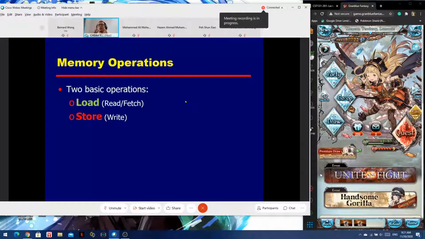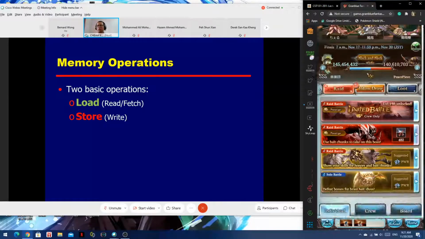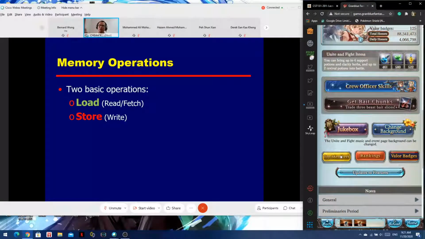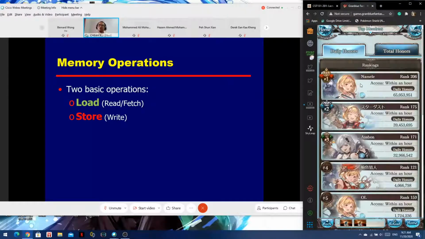So there are basically two very basic operations. Of course there are many others, like addition, subtraction, multiplication, skip, shift, and all these other operations. But the most basic ones that involve the memory are loading and storing. Loading is basically reading from memory, or fetching from memory and putting it into the processor.